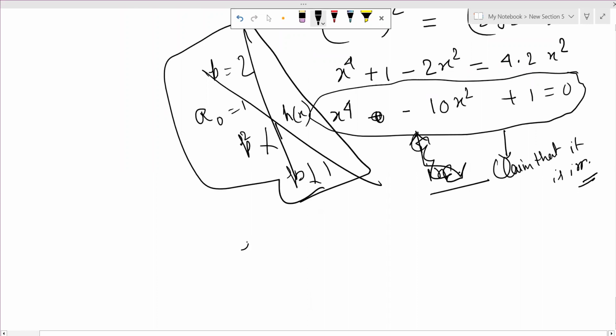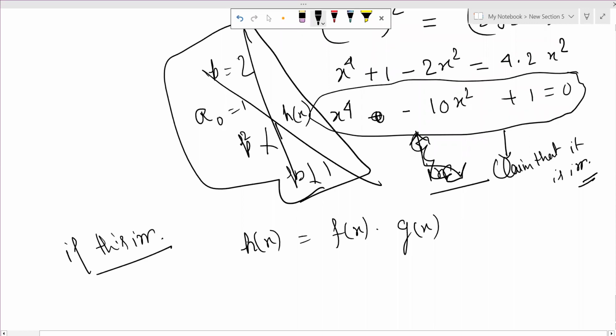If h(x) is reducible, then you can write h(x) equals f(x) times g(x), where f(x) and g(x) are polynomials of degree less than 4. Then root 2 plus root 3 is either a root of f(x) or a root of g(x) basically, right?